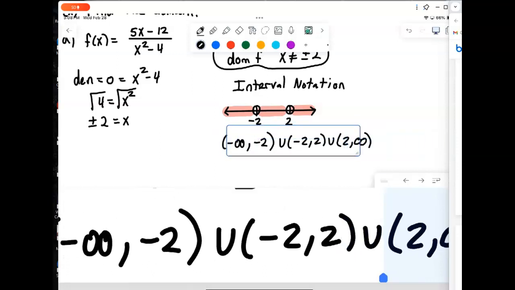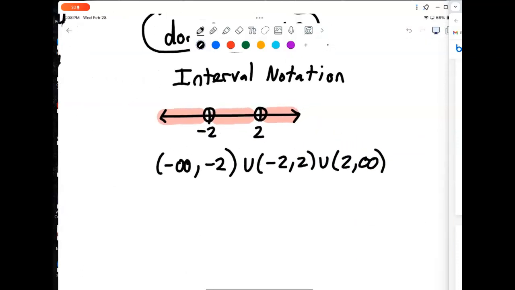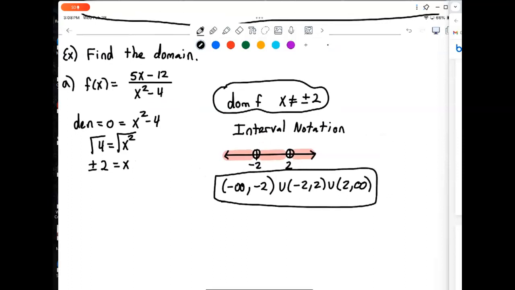That would be the interval notation, and that would typically be the answer for a lot of your homework questions. Again, that's typically what you're going to run into homework-wise. Honestly, I prefer the much simpler, very clear notation here myself if I had a choice.